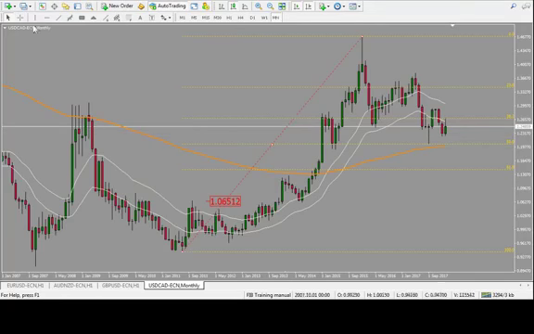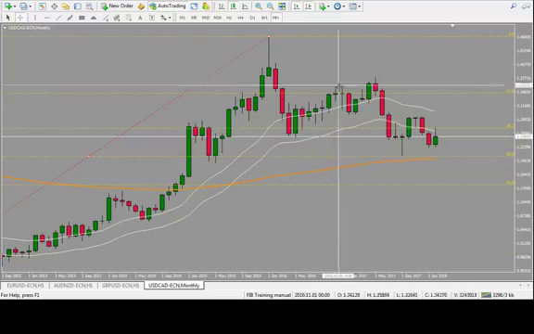So if we apply this Fibonacci tool like this, what you see is that from this top, price came all the way down to the 50% Fibonacci level and showed a very strong reaction here.